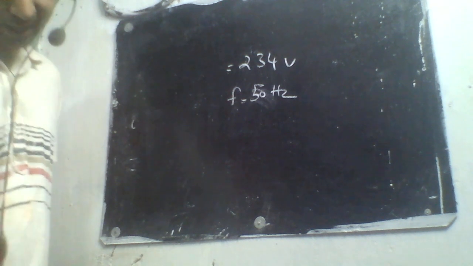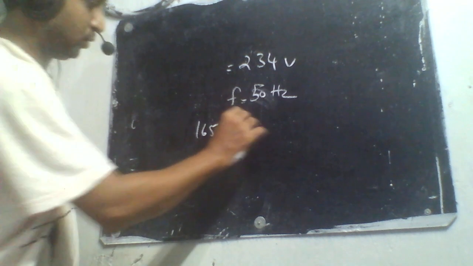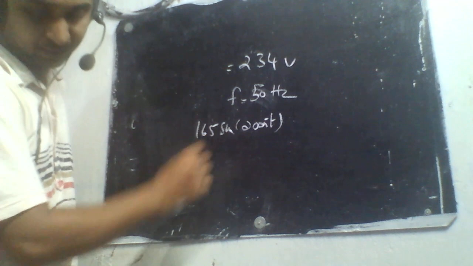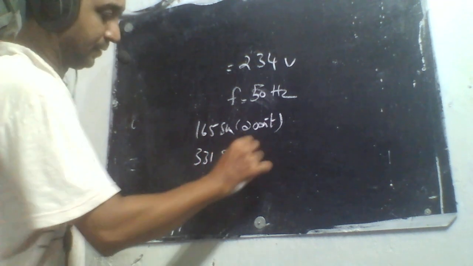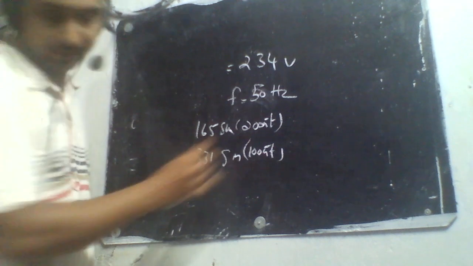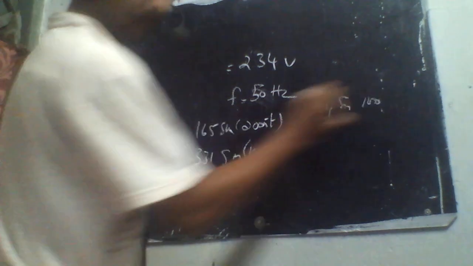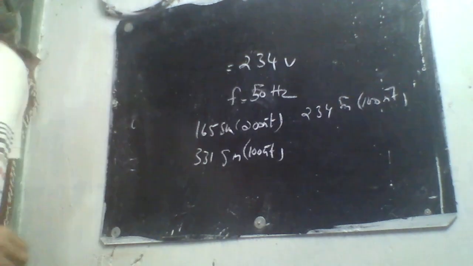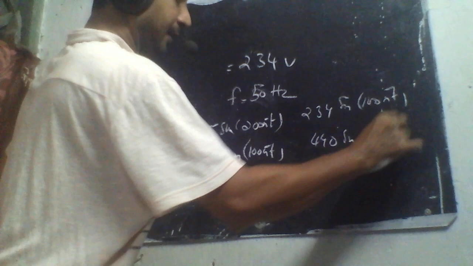The equation for line voltage is, options: 165 sine 200 pi t, 331 sine 100 pi t, 234 sine 100 pi t, and 440 sine 100 pi t.